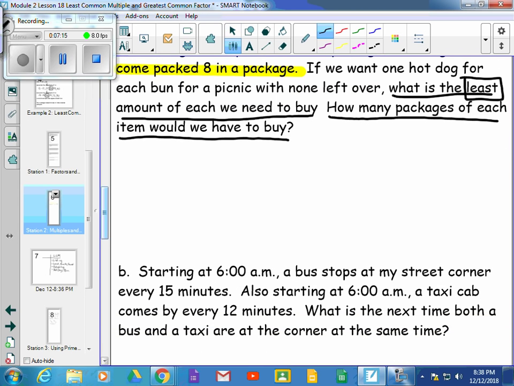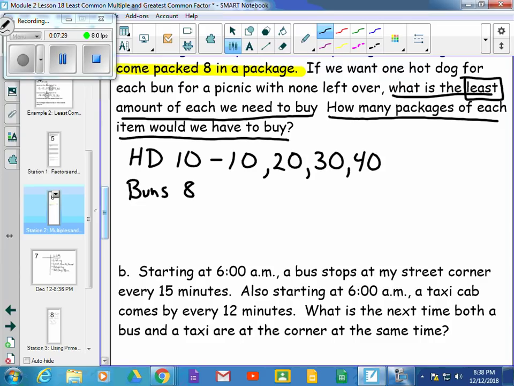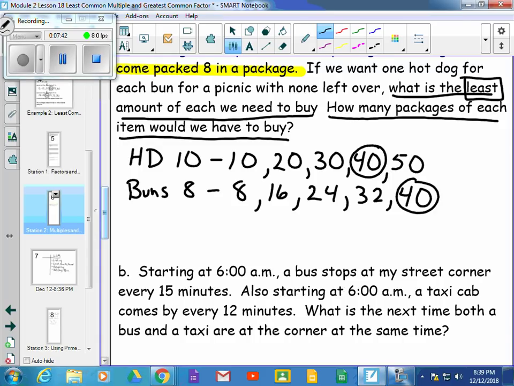So I'm going to go hot dogs, that's 10, and buns, 8. I'm going to list out their first 5 multiples. I can see that 40 is in both lists. That tells me that the least common multiple of 8 and 10 is 40.